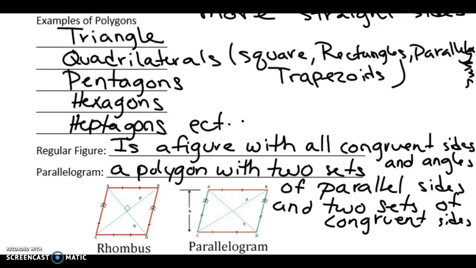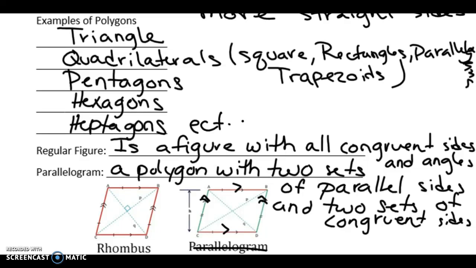Okay, so here we've got a parallelogram. It's got 2 sets of parallel sides. These symbols here represent that they're parallel. And it has 2 sets of congruent sides. The red side is the same as the other red side, and the green sides are congruent.